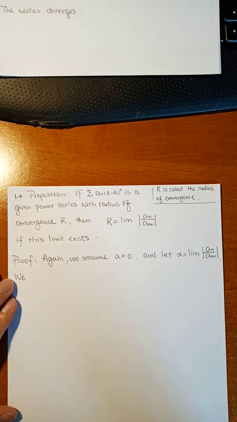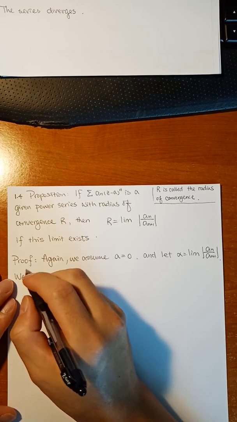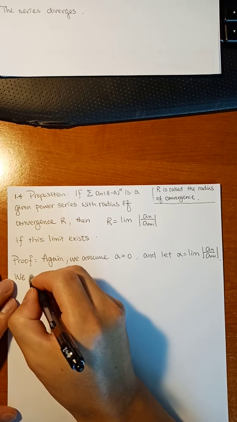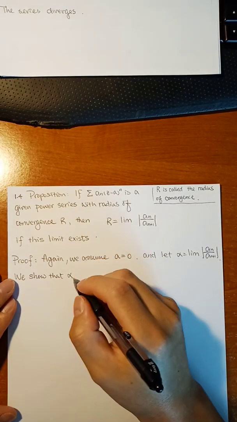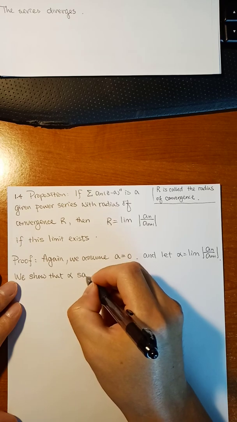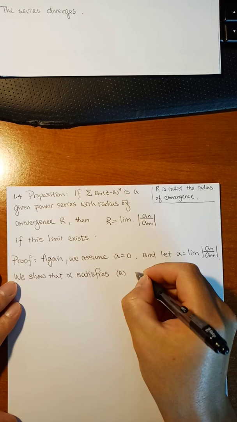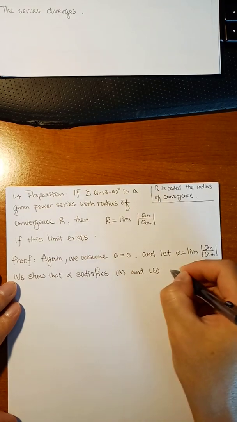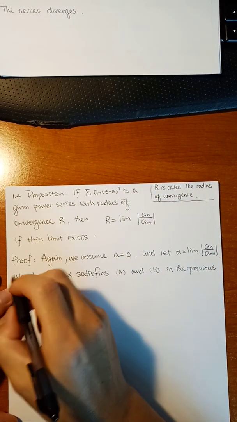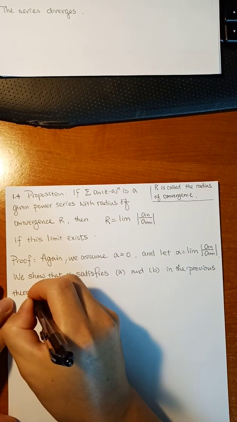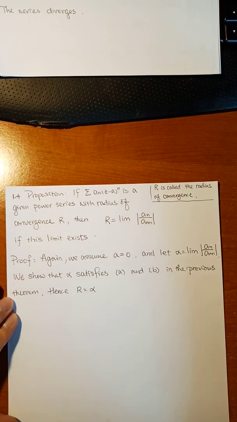So that's why we show that alpha satisfies A and B in the previous theorem. Hence, R is equal to alpha.